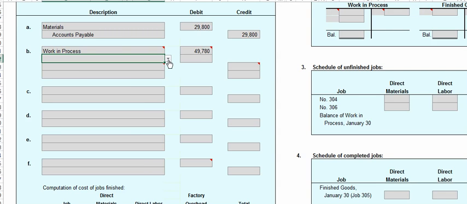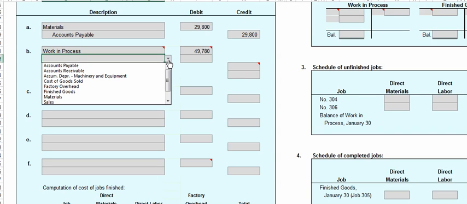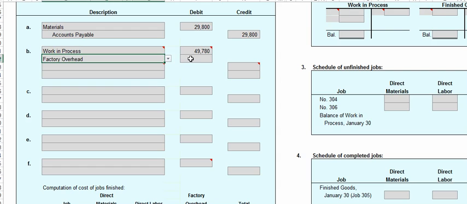Could be other things. But any materials used in the factory that were not a part of jobs 301 through 306 would be indirect materials. And any labor in the factory that was not labor time spent on specific jobs would be a part of factory overhead.